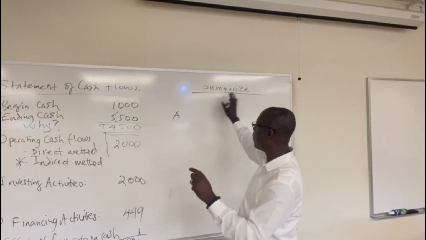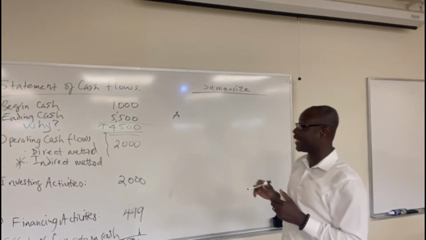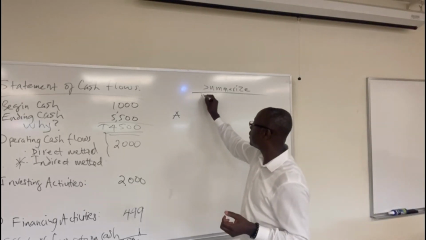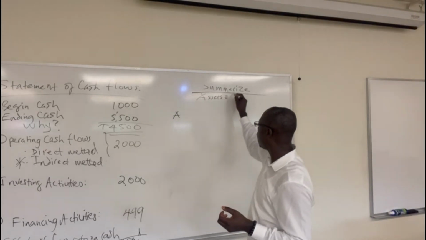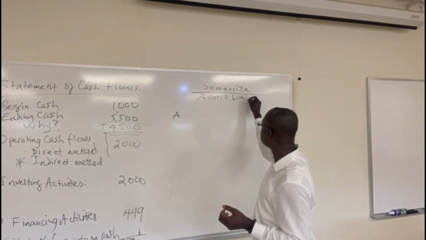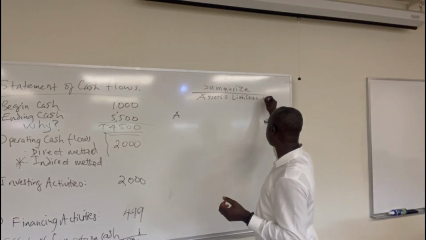So we're going to summarize what we've learned today as far as the accounting equation. The accounting equation says my assets equals my liabilities plus equity.